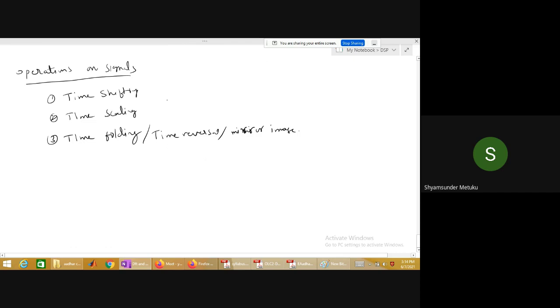That is based on time. Based on amplitude, you have amplitude scaling, which is nothing but multiplying by a constant. Third is subtraction between two signals.